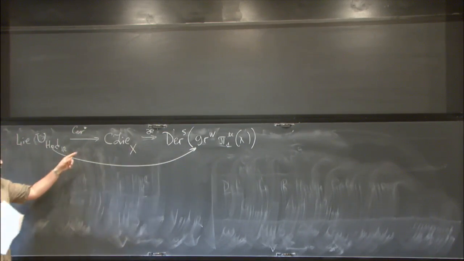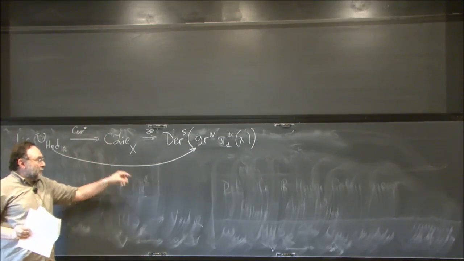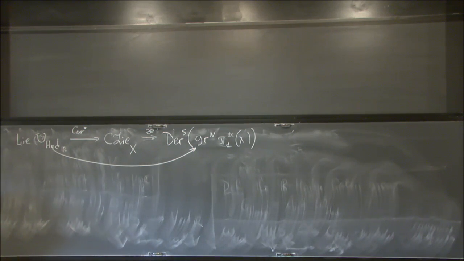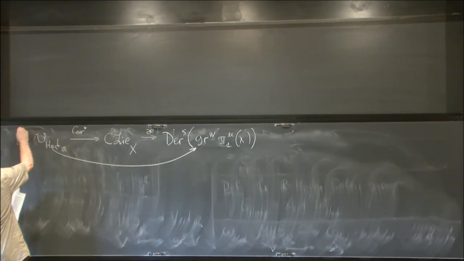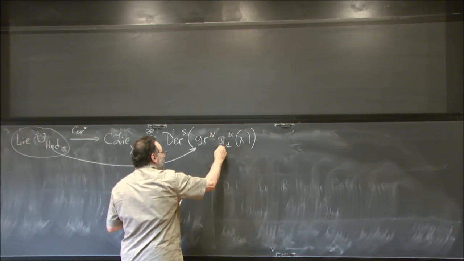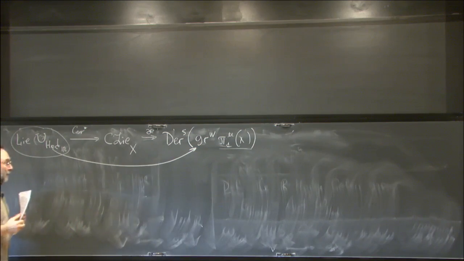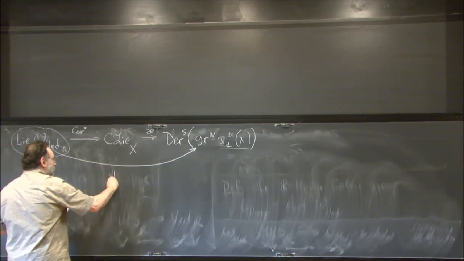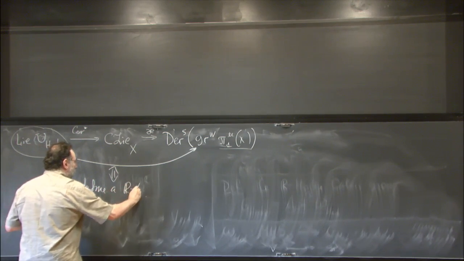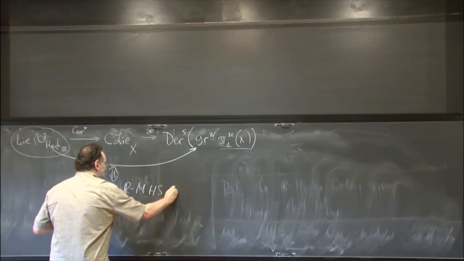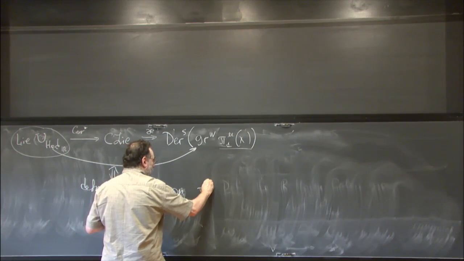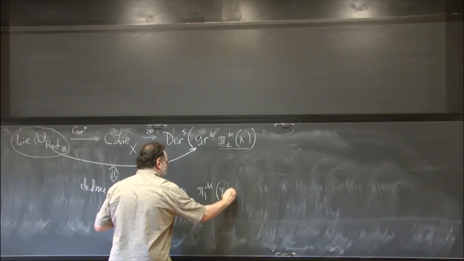I was talking in the previous lecture about how this Lie algebra acts by derivations on this guy. So in the end, we have a Lie algebra acting by endomorphisms of the associated graded of some guy. And to construct this map is the same thing as to define a real mixed Hodge structure on pi_1 nilpotent, or motivic, of X.